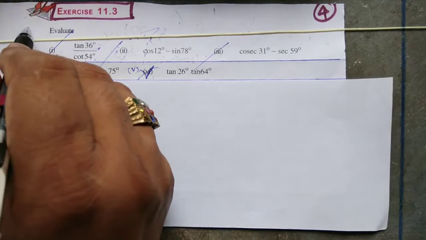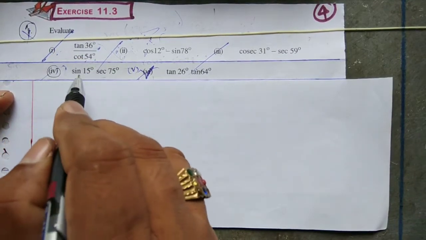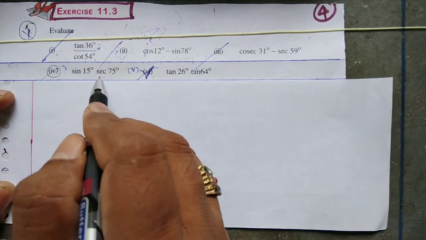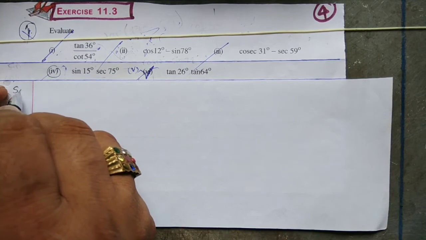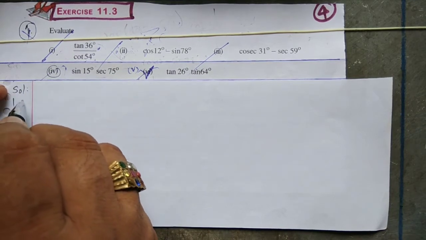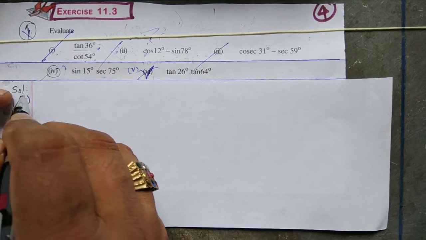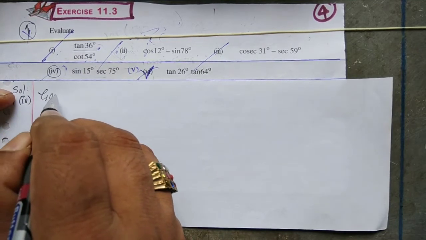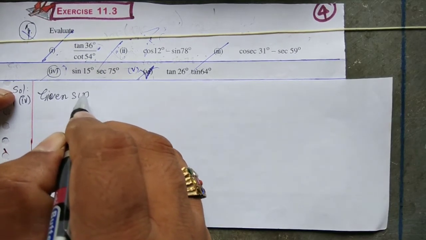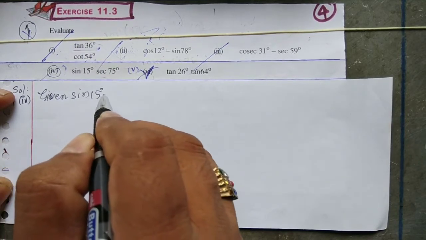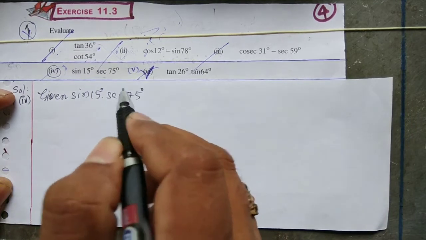First bit, fourth problem: sin 15 degree sec 75 degree. Solution for first bit, fourth problem. Given sin 15 degree sec 75 degree.